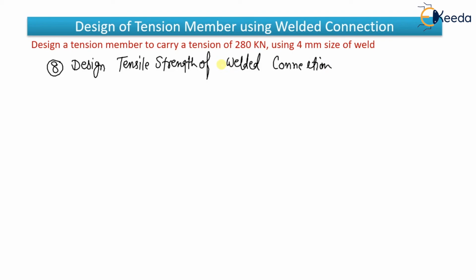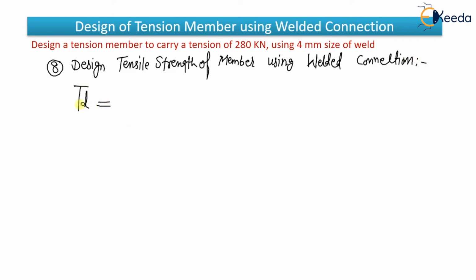Design tensile strength of member using welded connection. It is denoted by TD. TD is the minimum of first TDG, then TDN, and last one is TDB.